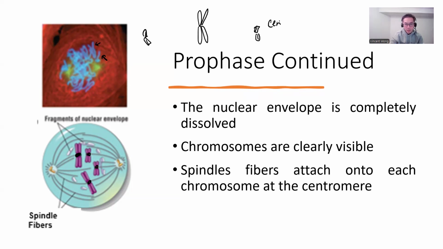I'll label it for you, centriole. And then they will send these spindle fibers and attach to the centromere. You might have another chromosome here, and then there will be another spindle fiber attached to it, and so on and so forth. So spindle fibers attach onto each chromosome at the centromere.